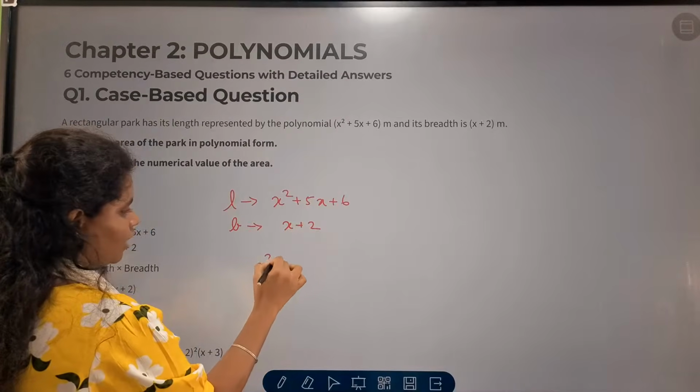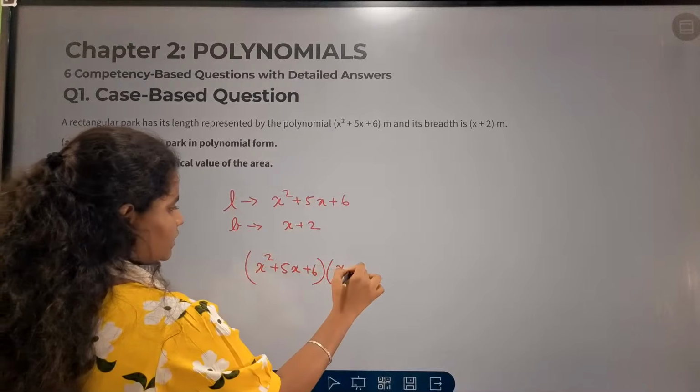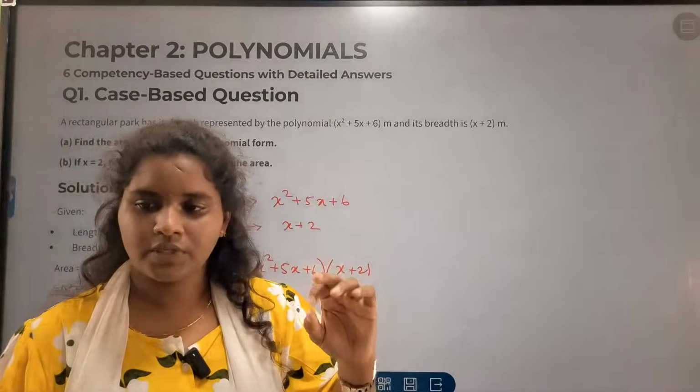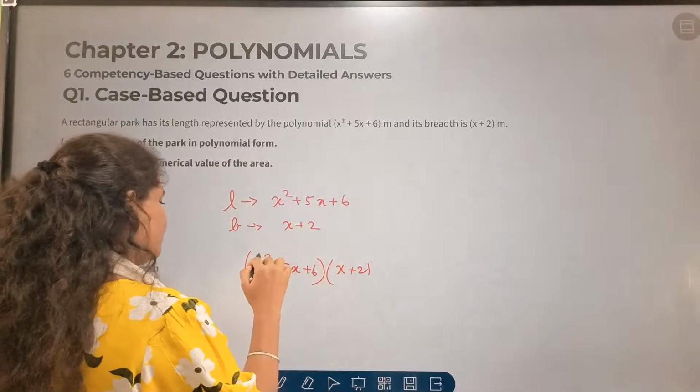In the quadratic we have 3 terms and in the linear we have 2 terms, so I'm going to multiply each and every term.